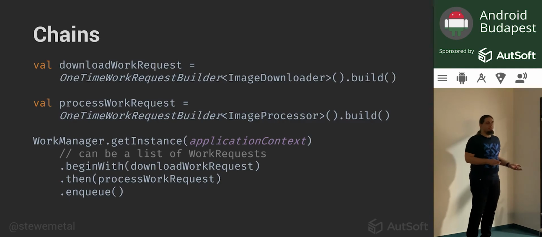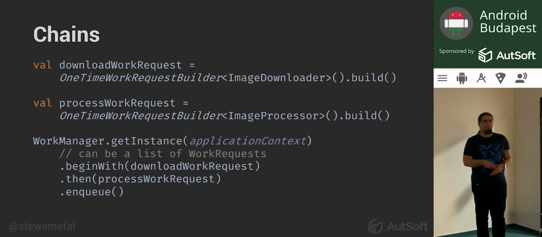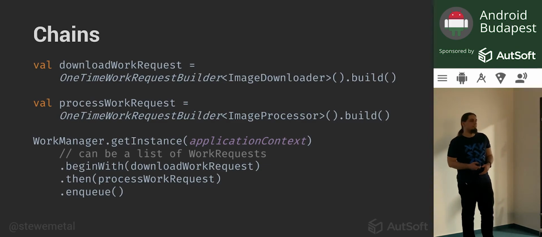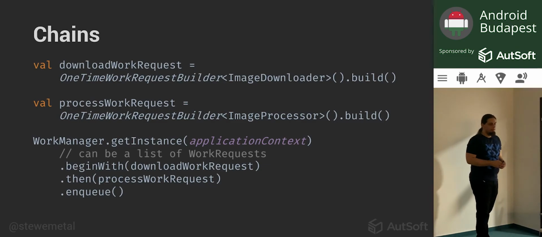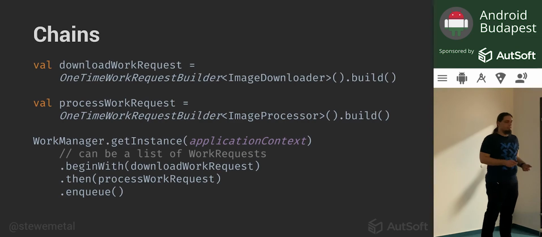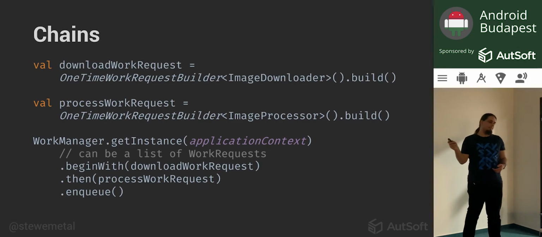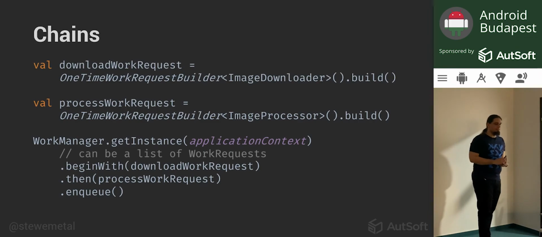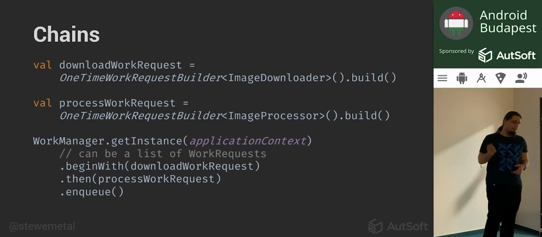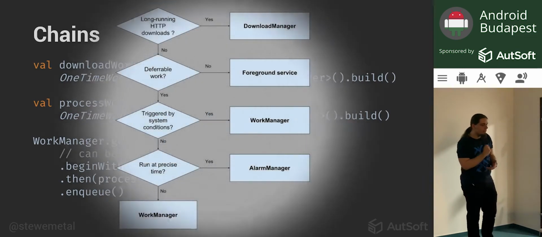So if a chain's first work fails, then all of the chain fails, and all of the chain's works will be rescheduled with it. There's actually an article which I included in the references, which talks about just this behavior. You should really read that, but I talk about that in the references.